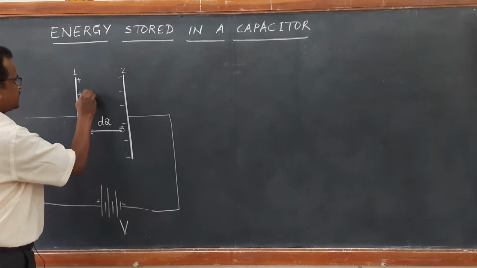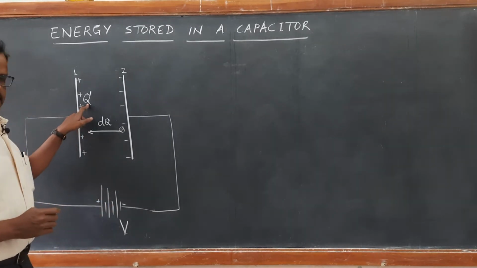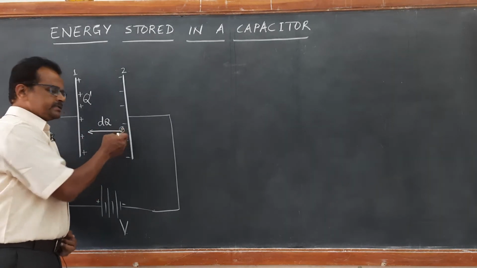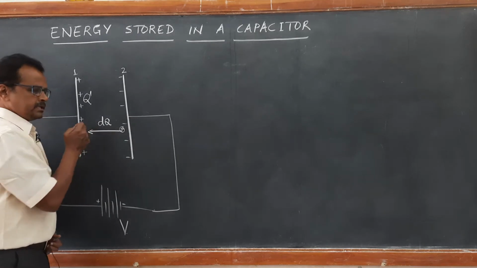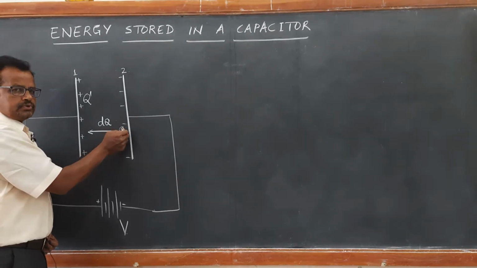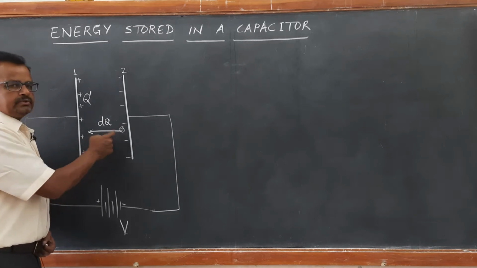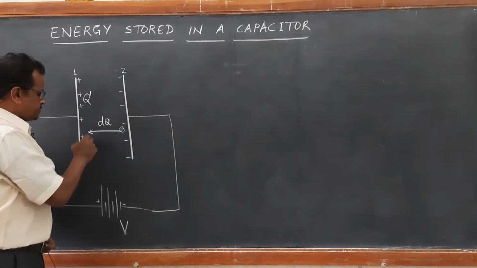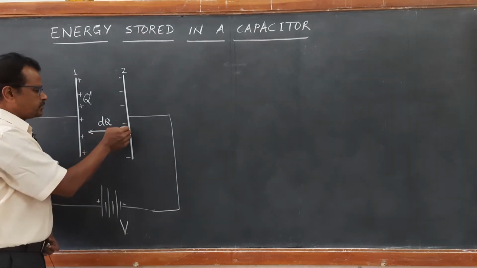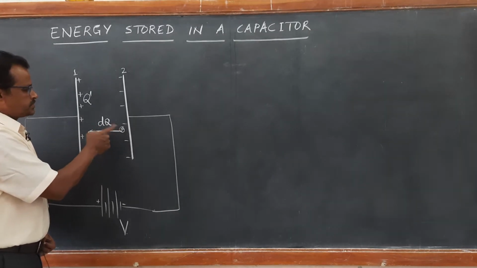At this moment, I have assumed Q dash to be the charge that is already stored. When dq is a small amount of charge to be added, work has to be done in adding this additional positive charge dq onto the already developed positive charge, because of the repulsive interaction. There will be a force of repulsion between positive charge and positive charge.